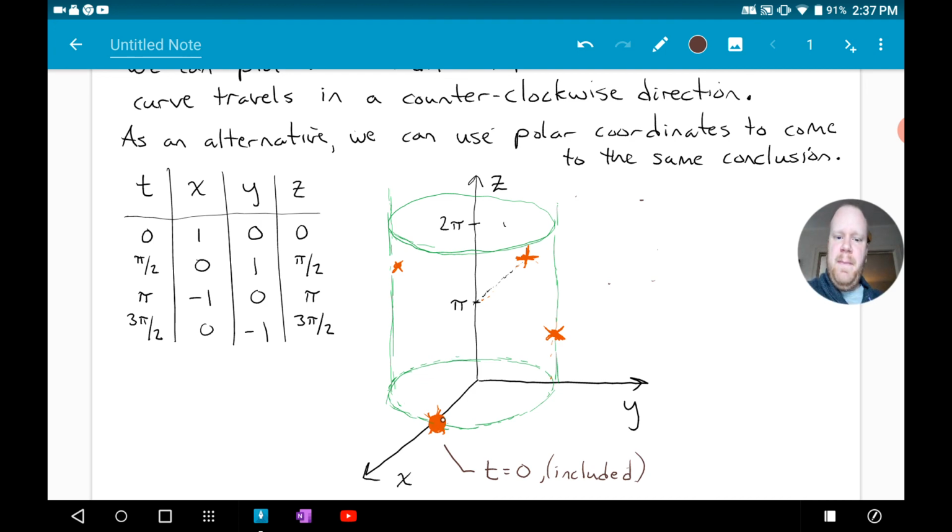So this is my starting point, and like I said, I was going to plot some additional points. I picked some things that were easy to plug into x and y. So those would be pi over 2, which looks like this on the chart here. Pi would be over here, so sort of -1 in the x direction. And then if I added another point here, I would get 2 pi.